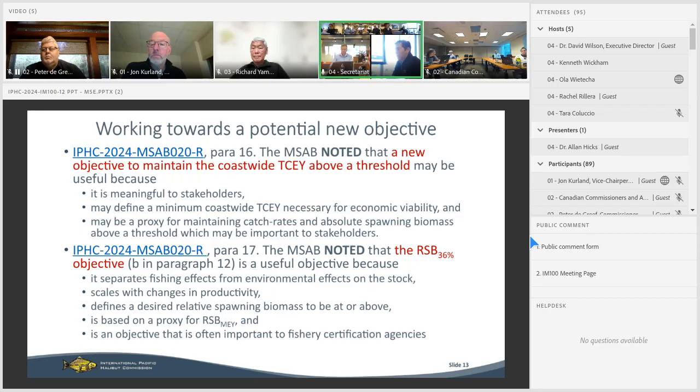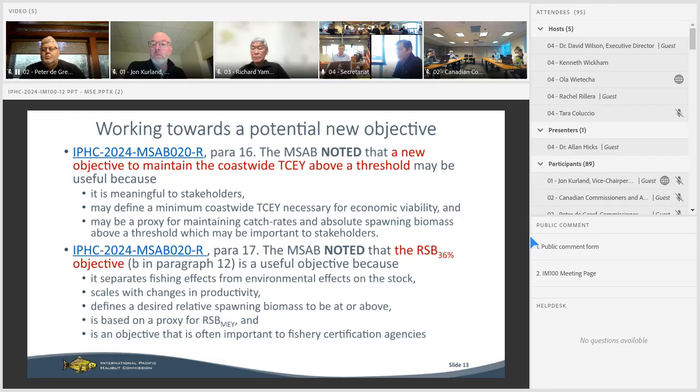So in other words, the MSAB talked about a potential new objective and felt we could have an objective that said maintain the spawning biomass above what the spawning biomass was estimated at in 2023, but it would actually potentially be more meaningful if we just talked about maintaining the TCY above some level that we want to be above.